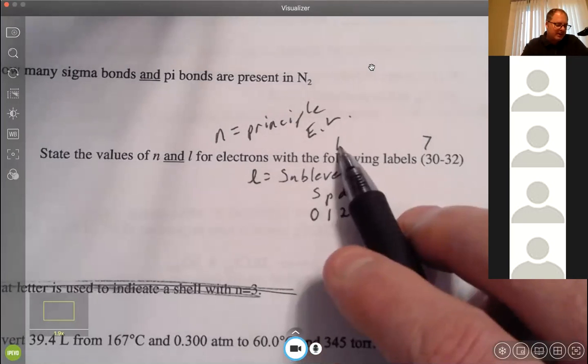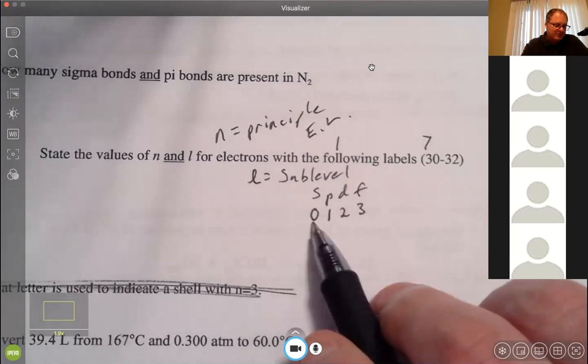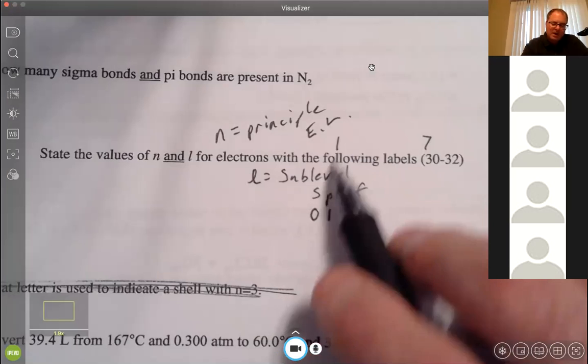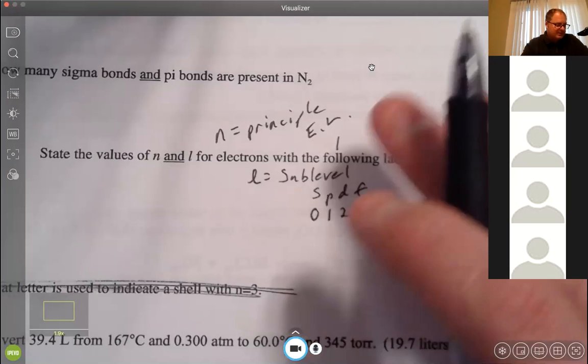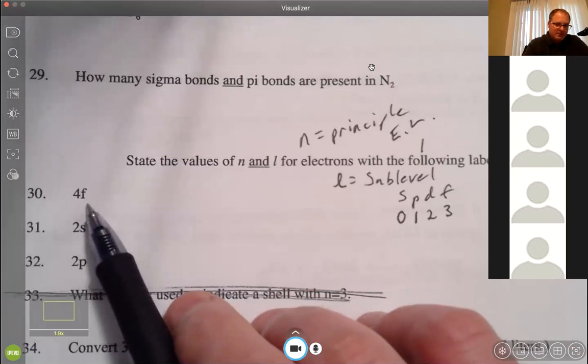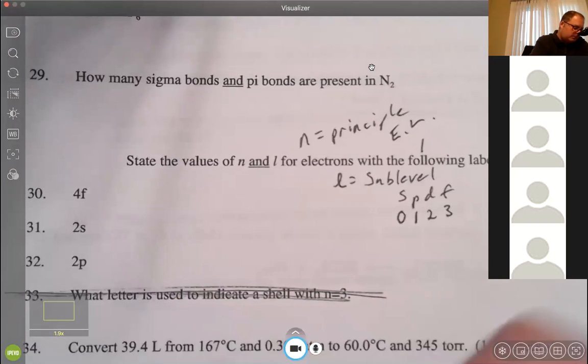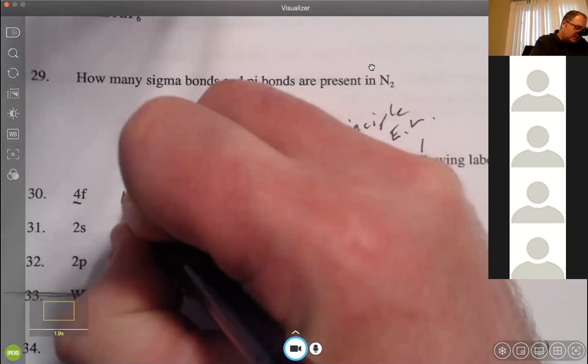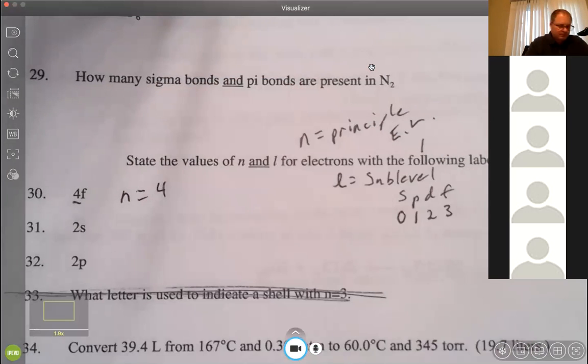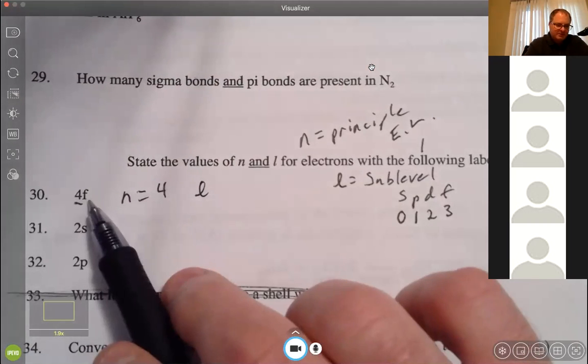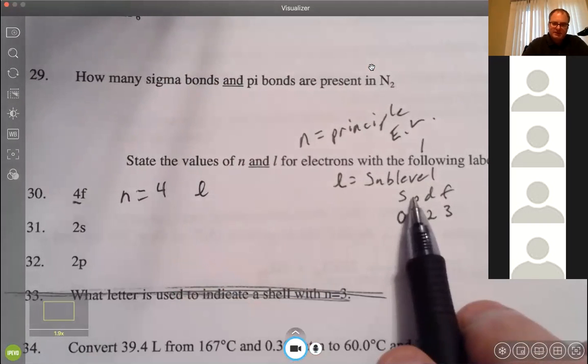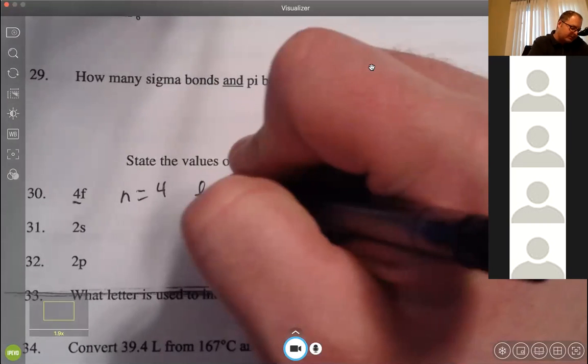But N equaling 2, we have 2, 0 for the 2s and 2, 1 for the 2p. So if we take a look here, for 4f, N equals 4. And L, always start at 0, S, P, D, F. L equals 3.